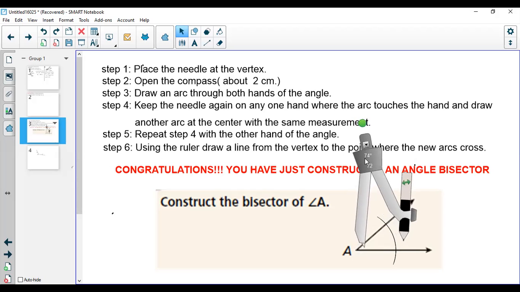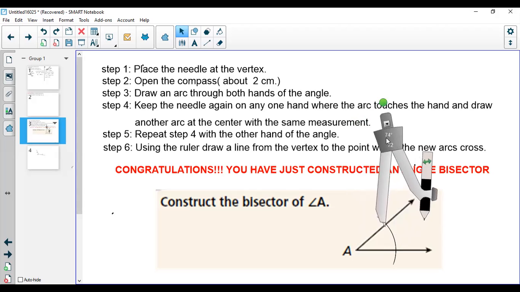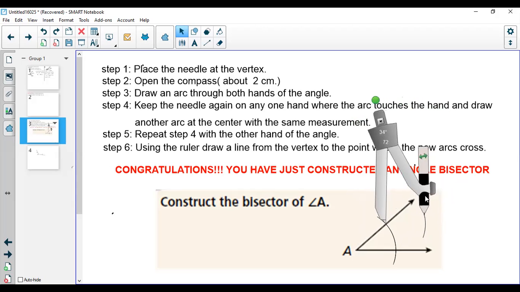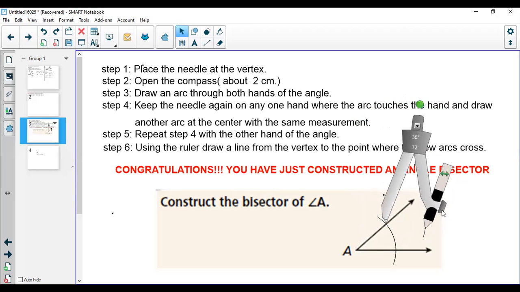What you're going to do is keep the needle on one arm where the arm is touching this arc, and draw another arc inside the angle like that. It can be inside, it can be outside, it doesn't matter. It depends on the length you take. If you take a bigger length, that will be outside. So this is step number 4.